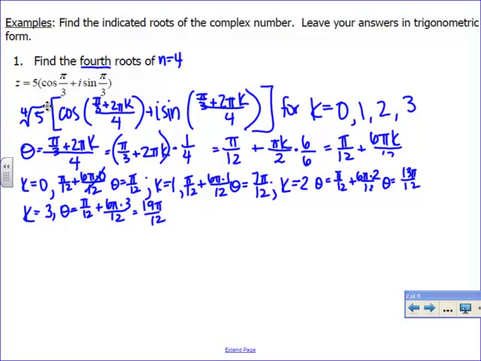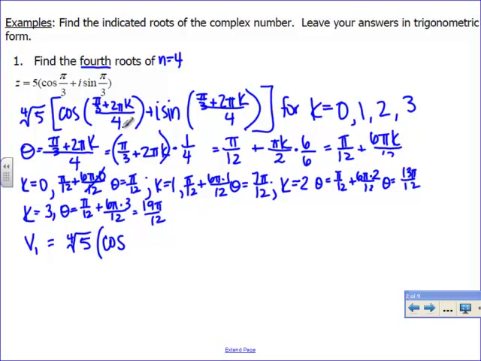My r out front, once I've taken the 4th root, is going to remain the r. So I start taking the roots of this number. My first root, we called this v up in the definition, so I'm going to call it v1. My first root is going to be that r, 4th root of 5, which if it simplified we would, but it doesn't. Cosine.